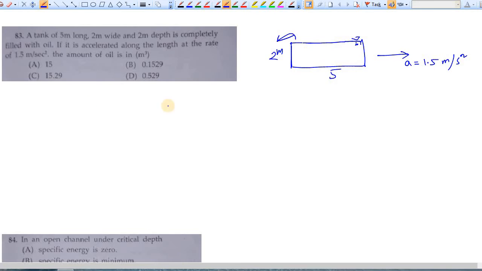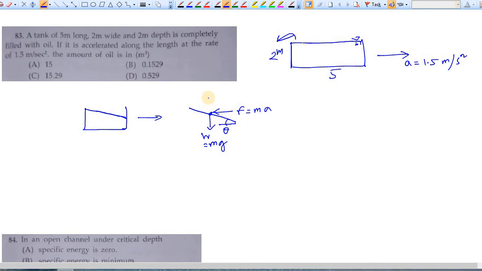Well, it will take some time to explain. If this is any tank and it is accelerated, of course the water surface will incline like this. Take the free body diagram. Let's say it has made theta angle with the horizon, and consider any particle. So this is the weight and this is the force acting on this particle, that is m times acceleration, and W is of course m times g, where g is the acceleration due to gravity.